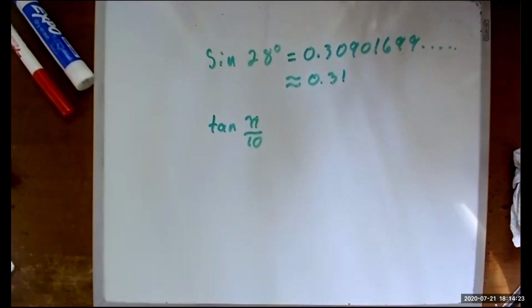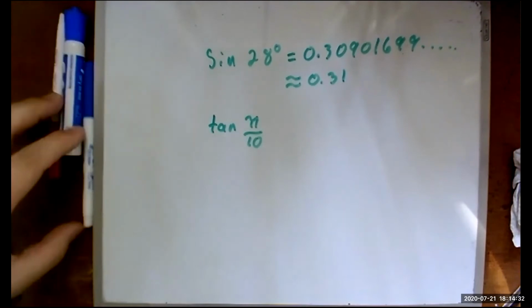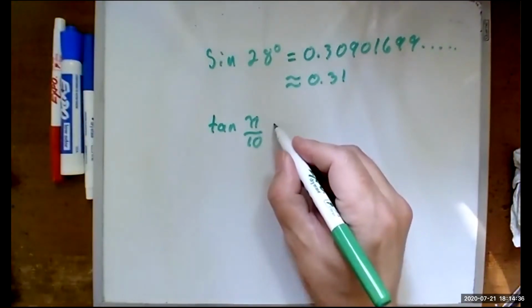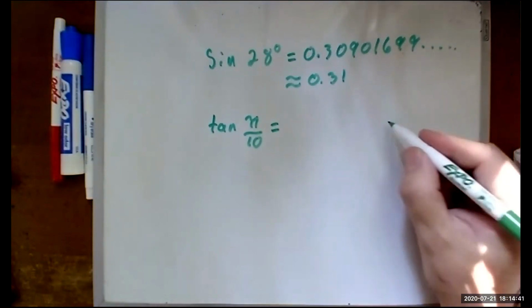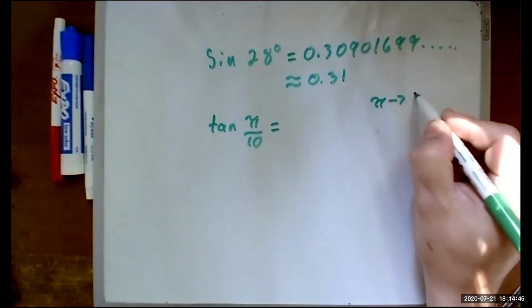The next question is asking for the tan of pi over 10. We can still do this with a calculator. And as I say, there are 2 ways you can do this. You can start by converting this to degrees first.